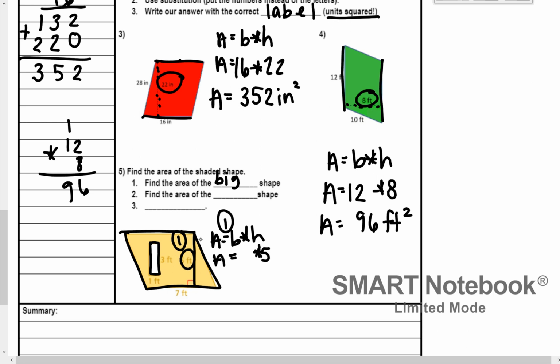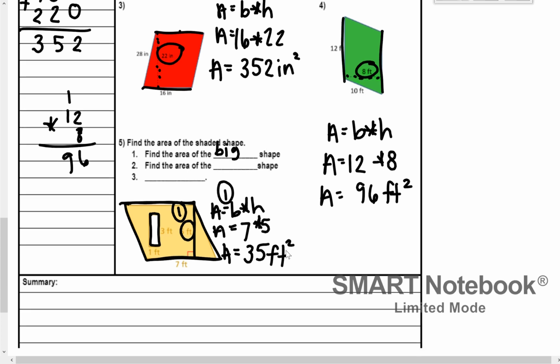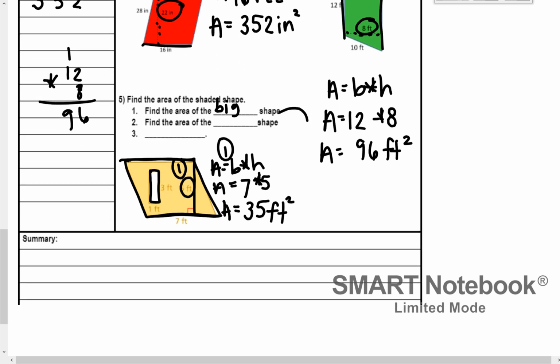My base, which is connected to that height, is a 7. So I'm going to have area equals 7 times 5. Feet times feet, feet squared. I'm going to draw a little line because I wrote a little big for that example. So I found the area of my big shaded yellow shape.